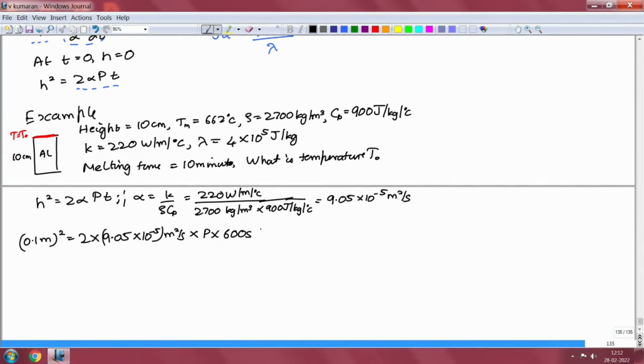And you can solve this to find out what P is. P is equal to this, which is 0.092.